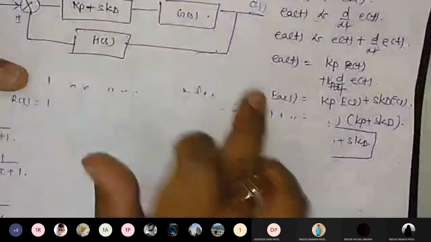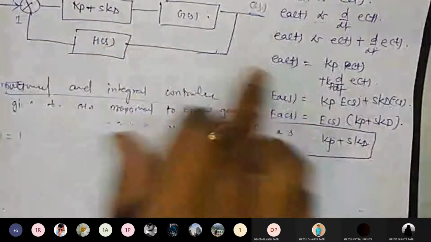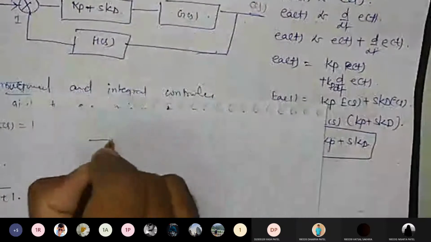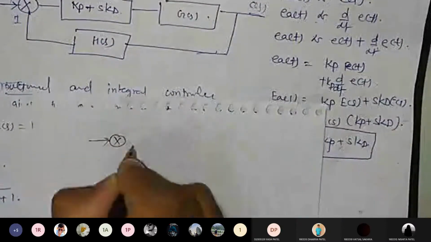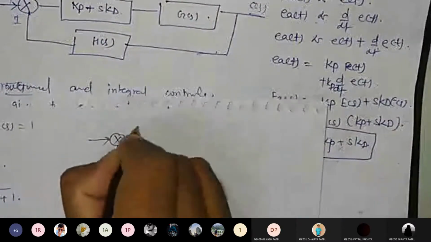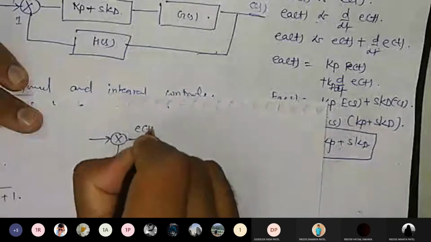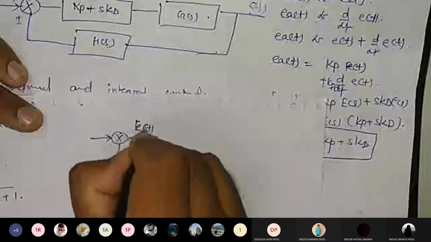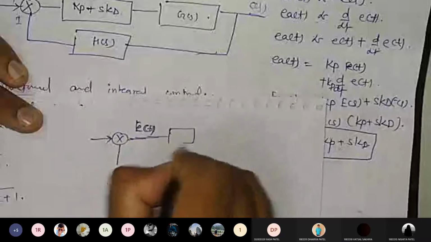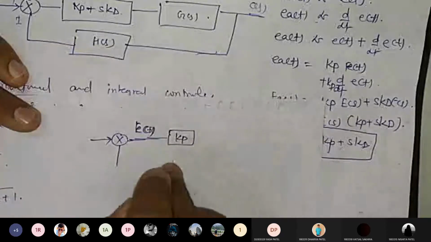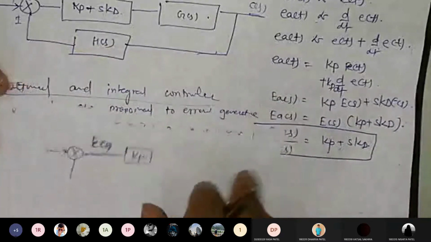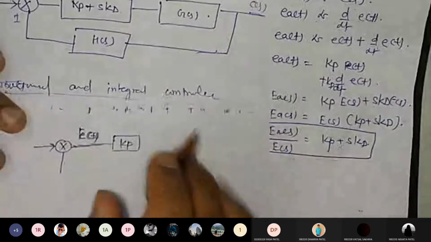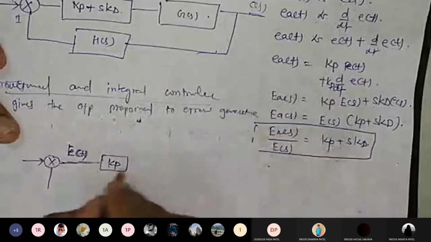This is the basic structure of your PD controller, Kp plus sKd. So you will be having one error, E of s, which must be multiplied with Kp. Our equation is E of s is equal to Kp plus sKd.